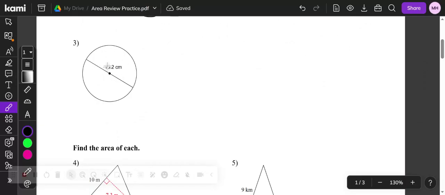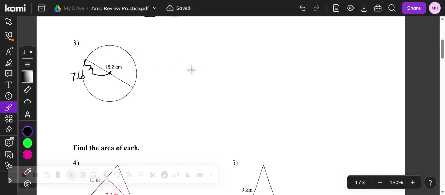All right, this one here, now notice it gives you the diameter instead of the radius, so we have to start by dividing that by 2. 15.2 divided by 2 is 7.6. So the radius, this half piece here, is 7.6. So that's what we're going to use.